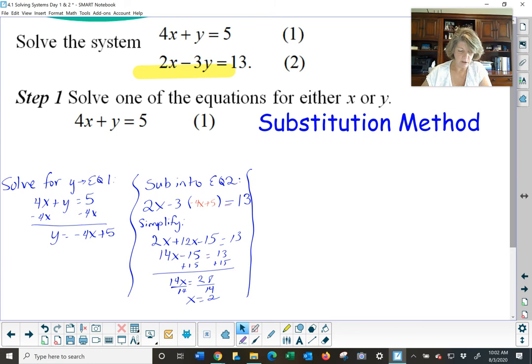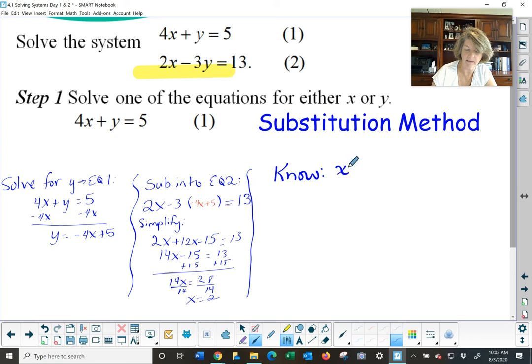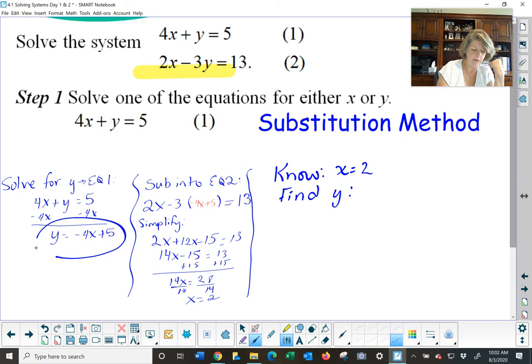All right, so final step. Let's go after finding y. We know x, right? We know x is 2. Now we need to find y. You can use equation 1 or equation 2, or we can grab the equation 1 that's already solved for y. So I know that y equals negative 4x plus 5.